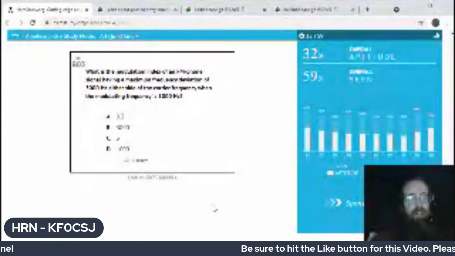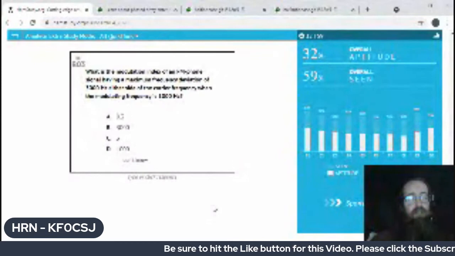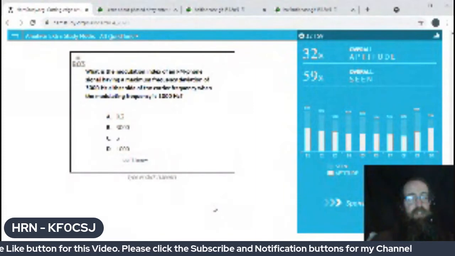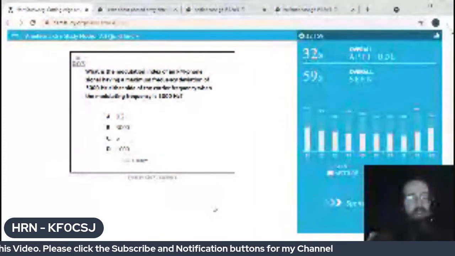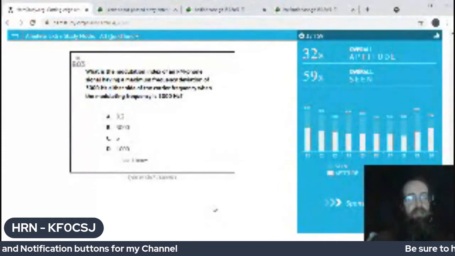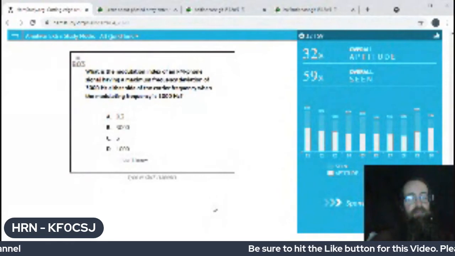E8B3. What is the modulation index of an FM phone signal having maximum frequency deviation of 3000 hertz either side of the carrier frequency when the modulating frequency is 1,000 hertz?